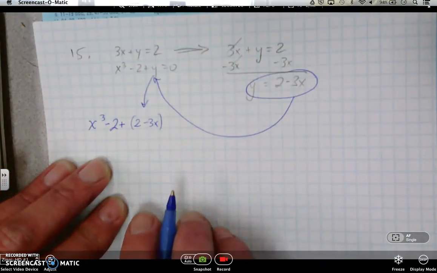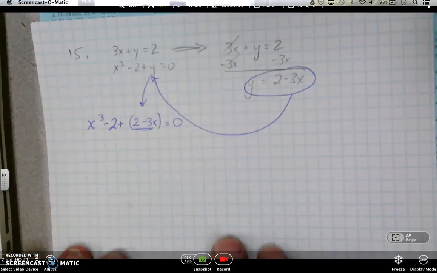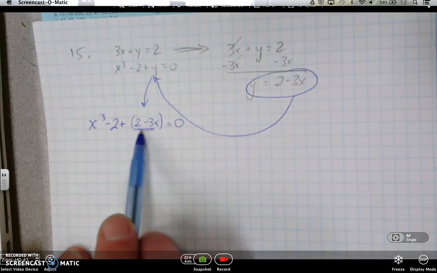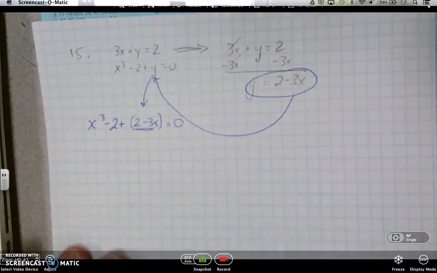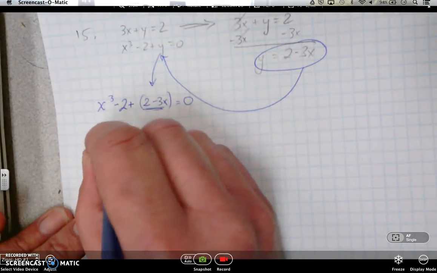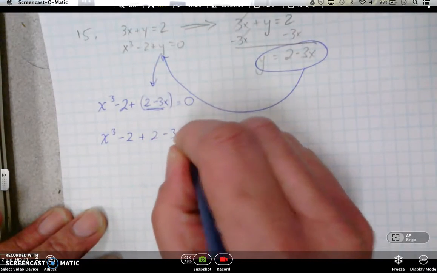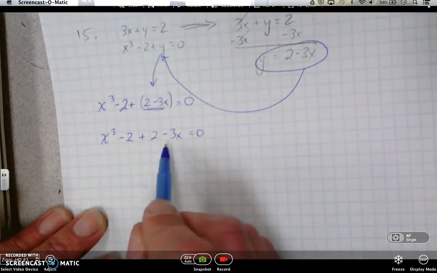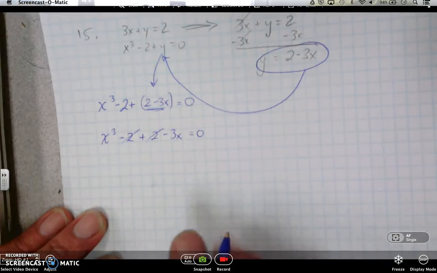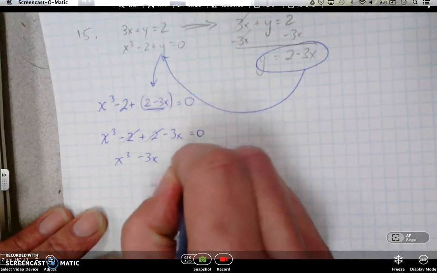So you see y was replaced with this whole thing. So it's our original equation, but instead of plus y, we replaced y with this, because that's what it is. All right, now let's clean this up. x cubed minus 2 plus 2 minus 3x equals 0. All righty. Those will cancel each other out. It's looking better already. x cubed minus 3x equals 0.